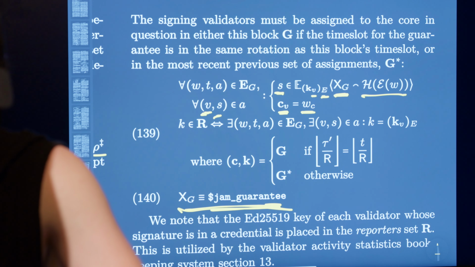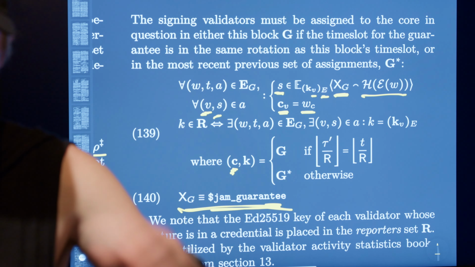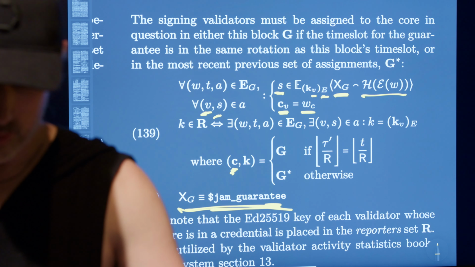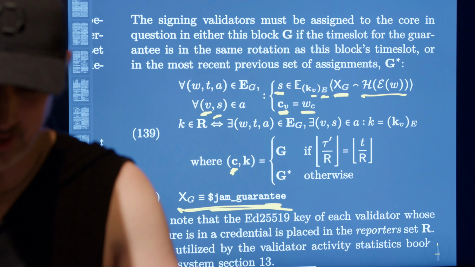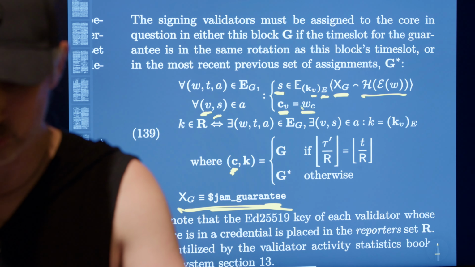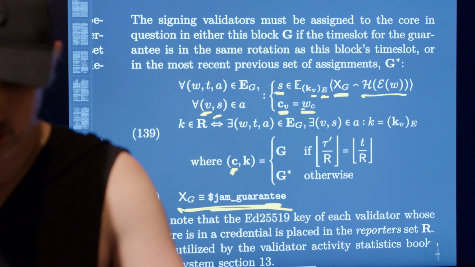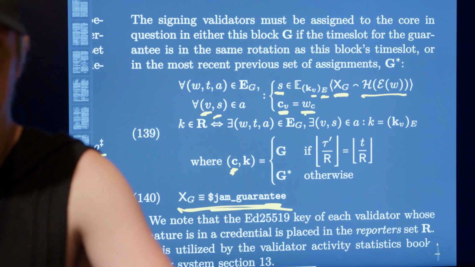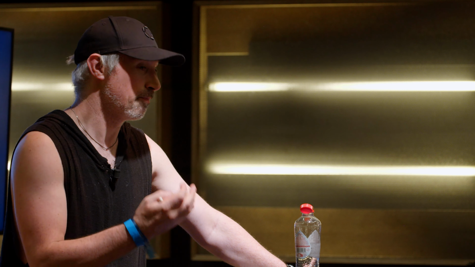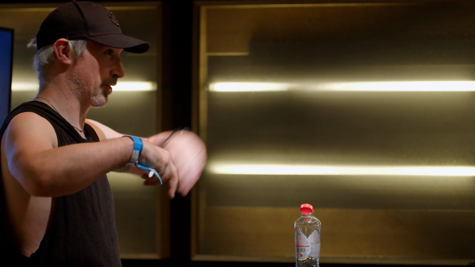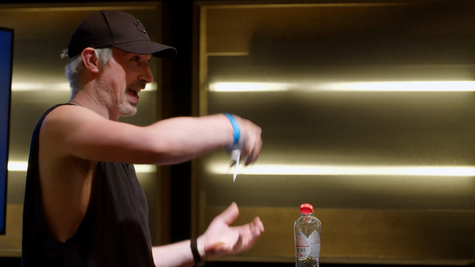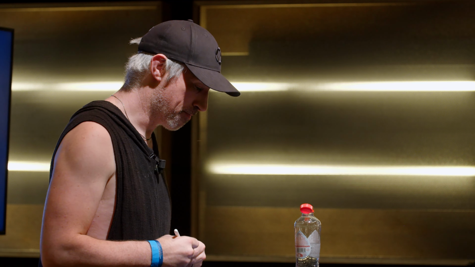So V is the validator index. We're taking this C, which we're going to find out is from G. It's this mapping of indices to cores. We're dereferencing that with V to get the core index, and checking that the work package is meant to be on that core. They shouldn't be taking random work packages from other cores and trying to execute them on their core. Obviously, we want to make sure that they're only executing the work packages that are meant for their core.